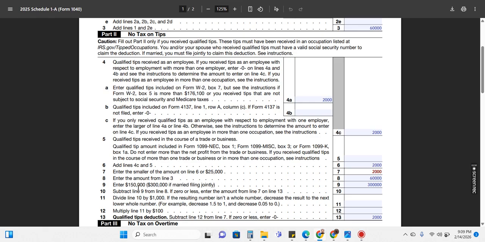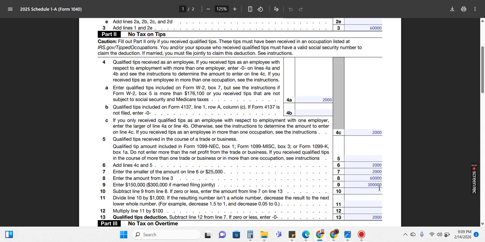And your AGI should be less than 150,000 for other filing statuses and 300,000 for married filing jointly. If you are single or any other filing status, 150,000, and if married filing jointly, 300,000.